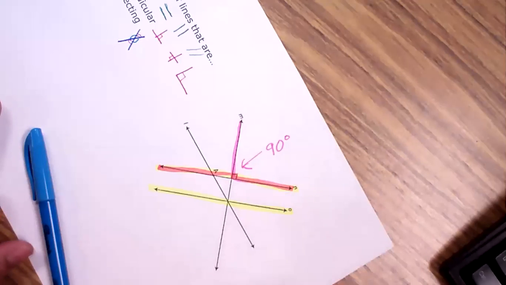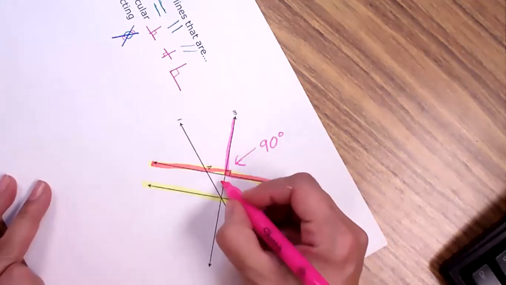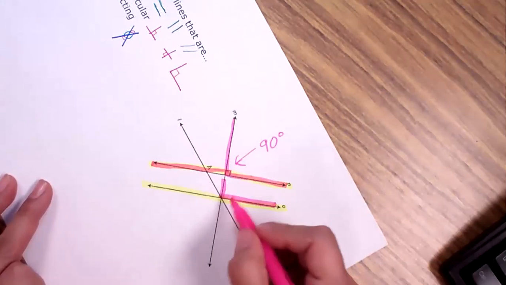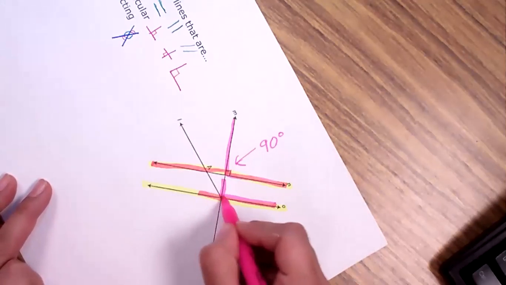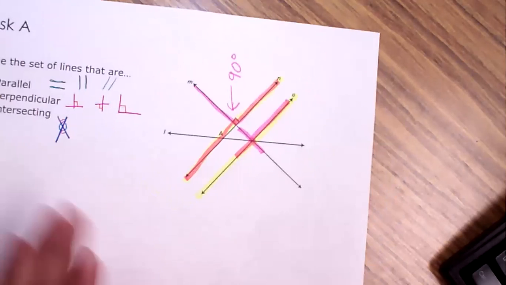I can also say, using the same color, that line M is also perpendicular to line O. So I've got 2 sets of perpendicular lines here, and I've made those pink.